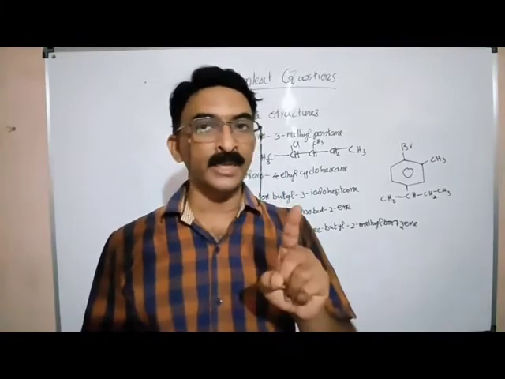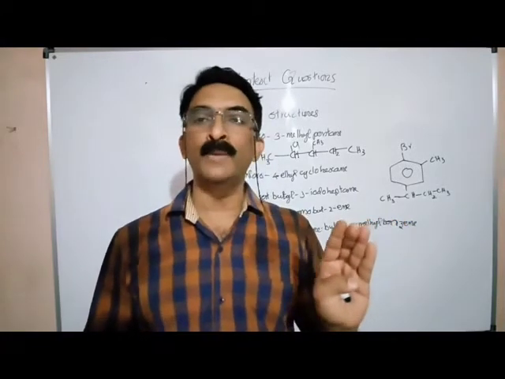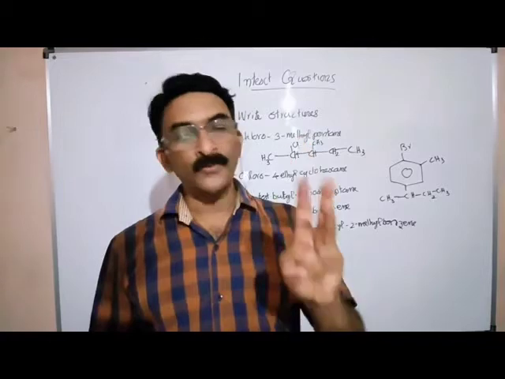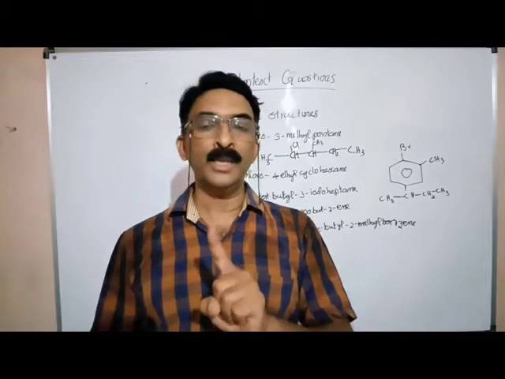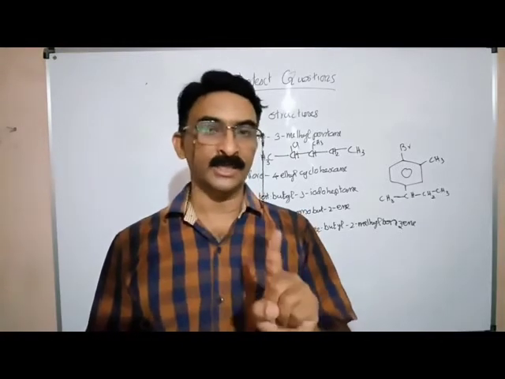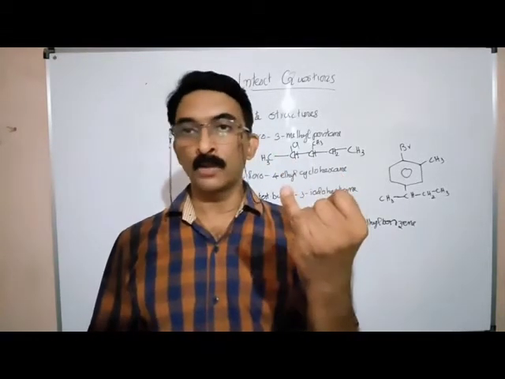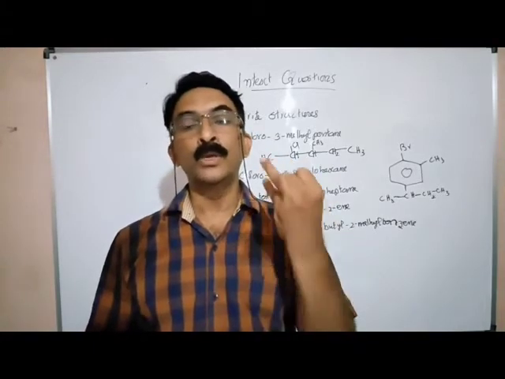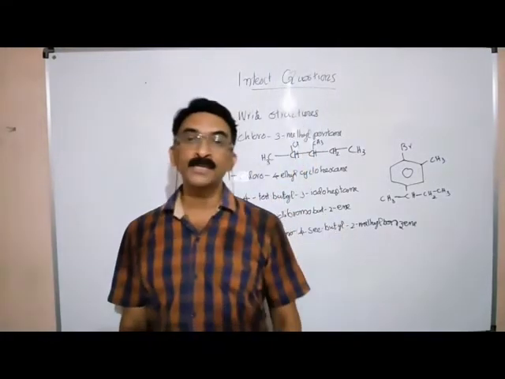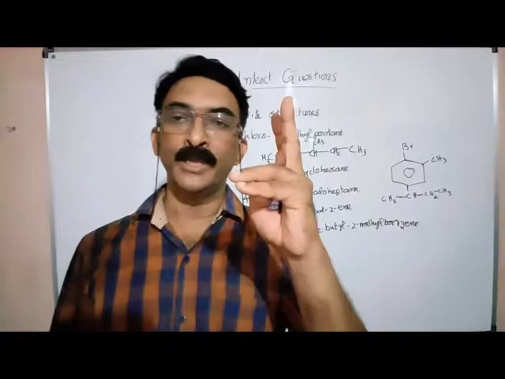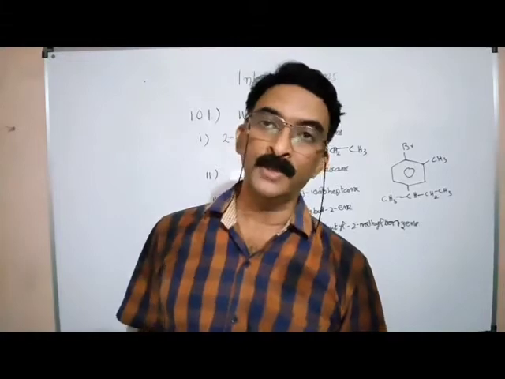S of secondary and T of tertiary are not considered for alphabetization, along with the D of di, T of tri, T of tetra, etc. On the other hand, N of normal, I of iso, N of neo have to be considered for alphabetic arrangement. I repeat, N of normal, I of iso and N of neo, even C of cyclo has to be considered for alphabetic arrangement. Please remember that.